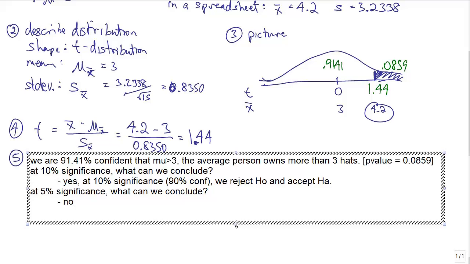So we say no, we don't have it, therefore, at 5% significance, which is the same as 95% confidence, we do not reject H0, we do not accept HA.